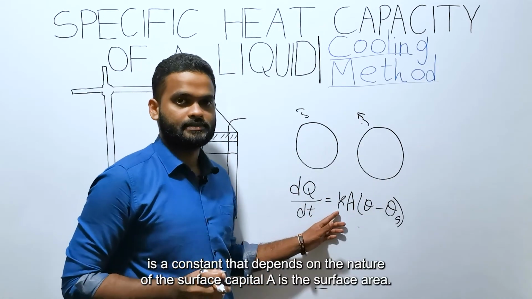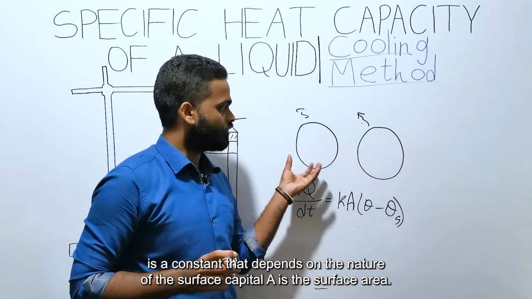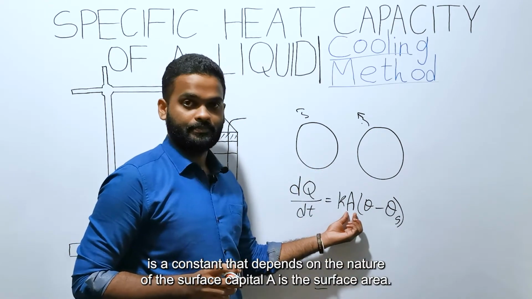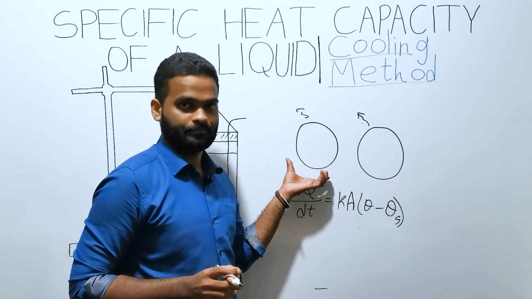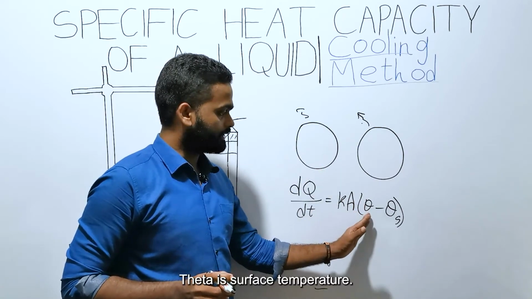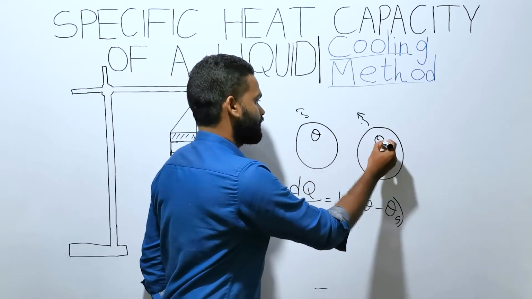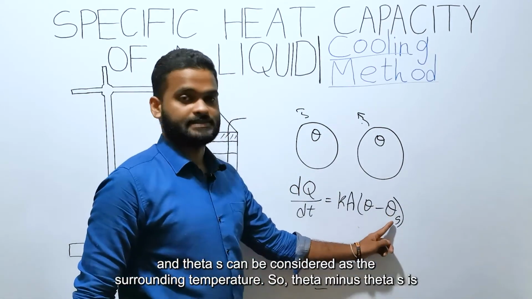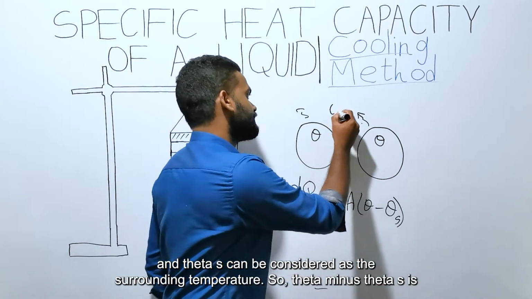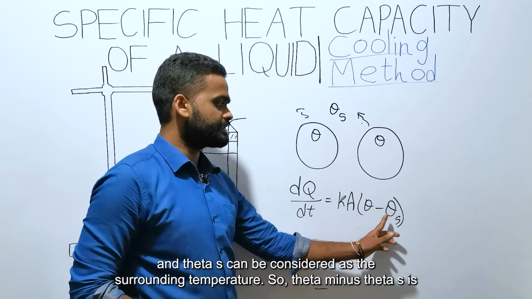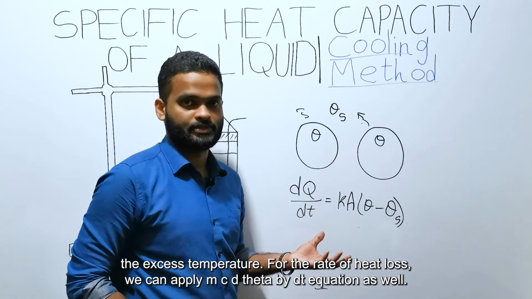K is a constant that depends on the nature of the surface. Capital A is the surface area. Theta is the surface temperature. And theta s can be considered as the surrounding temperature. So theta minus theta s is the excess temperature.